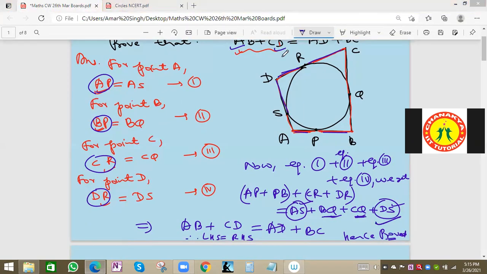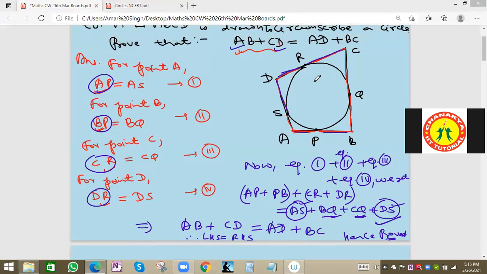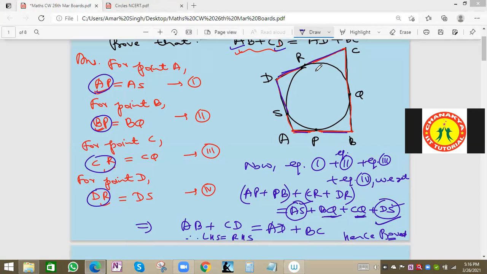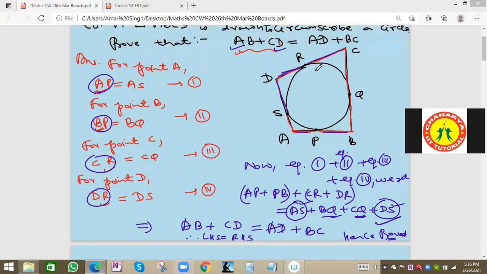You can verify from the solution. In case you have doubt, then you can send me the answer on WhatsApp. Otherwise, you can match from here. Noted. Shall we move to next question?